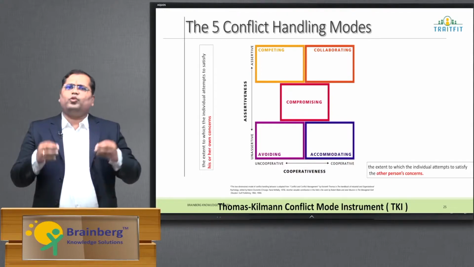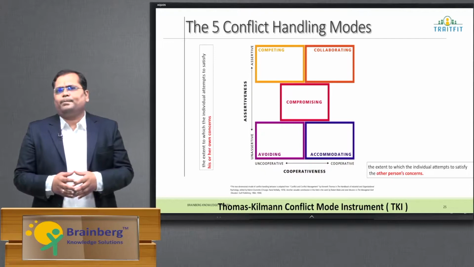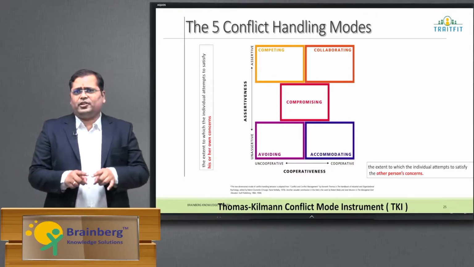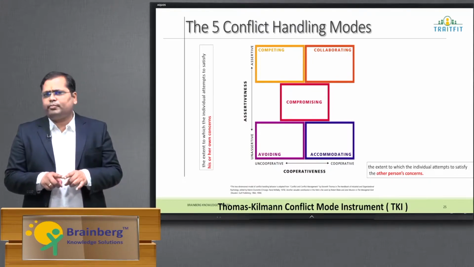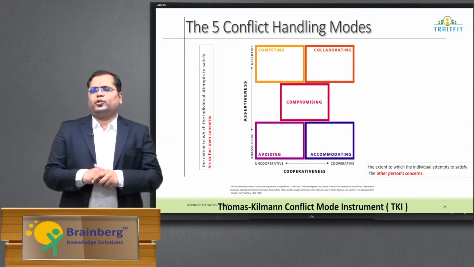This is one of the most important and most sought after ways of conflict resolution. While if you are average on both, you lie in the middle of the graph, which is compromising, both on your ideas and views and the views and ideas of the other group.